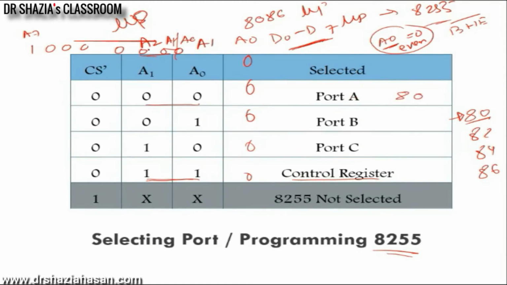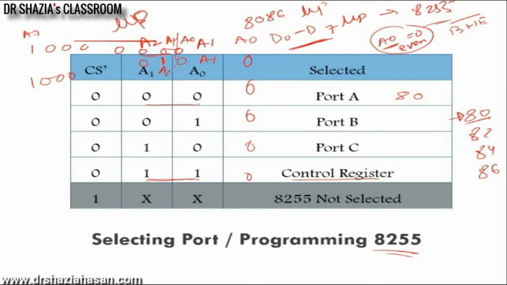When these two lines go 01, A0 I cannot change because I am in the even bank. A0 has to be low. I have connected A1 and A2 of the microprocessor to A0 and A1 of 8255. So when these two lines go 00, the address generated will be 80. When they go 01, the address generated will be 82, because A0 is 0, so I am getting 10000010.